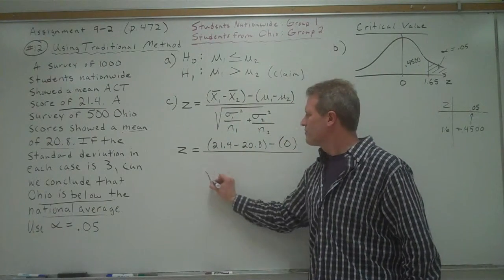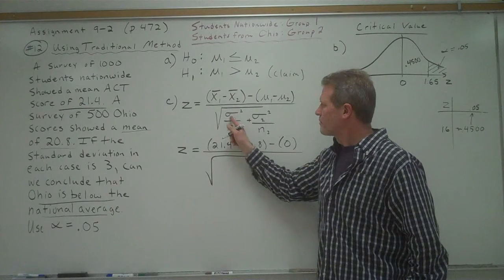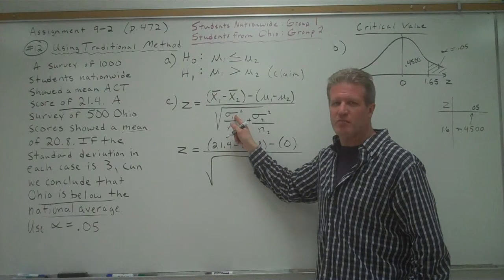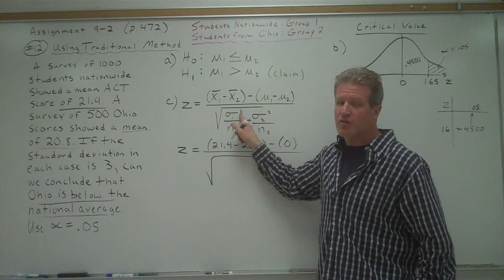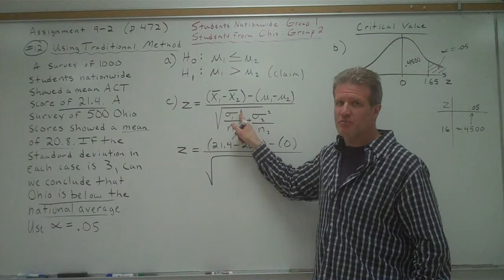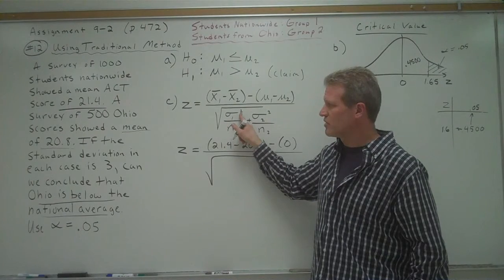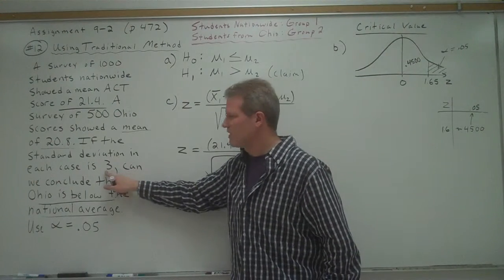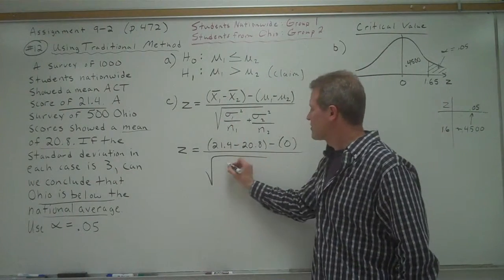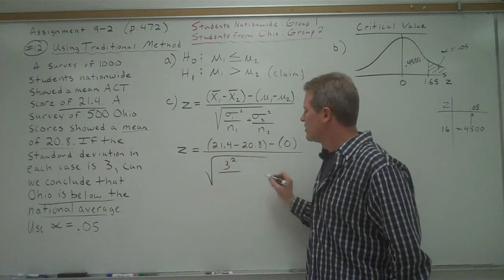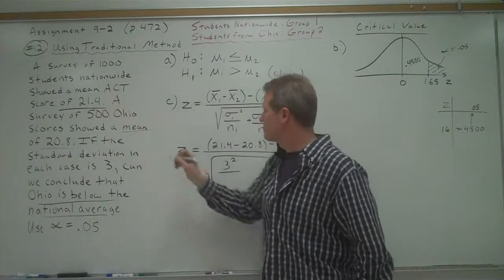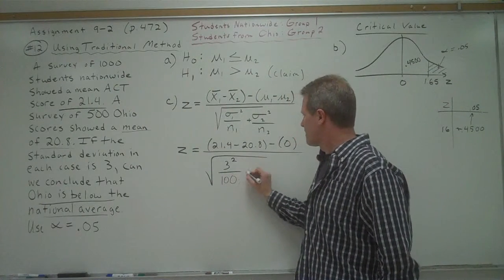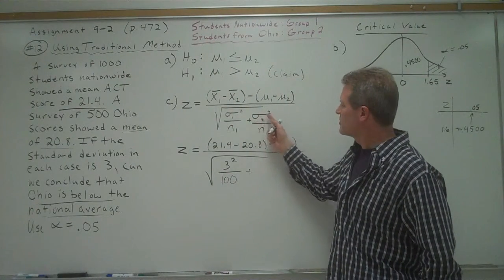And the denominator, our sigma sub 1 squared, that would be the population standard deviation of group 1 squared. Well, we don't know the population standard deviation, but because our sample size is greater than or equal to 30, we can use our sample standard deviation of 3 right here. So we're going to go 3 squared over our first sample size, which is 1,000 students, plus sigma sub 2 squared.